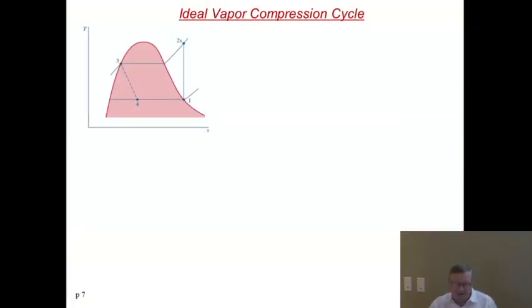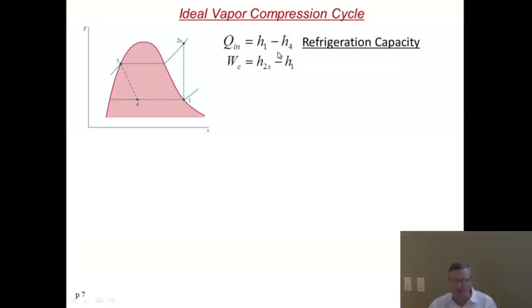So here is our cycle. We then have a few nomenclature things. The useful thing that we get out of a refrigeration cycle is a refrigeration capacity, H1 minus H4. The price we have to pay for it is H2 minus H1. That's the work in the compressor. The heat rejected somewhere in the back of your refrigerator is H3 minus H2.